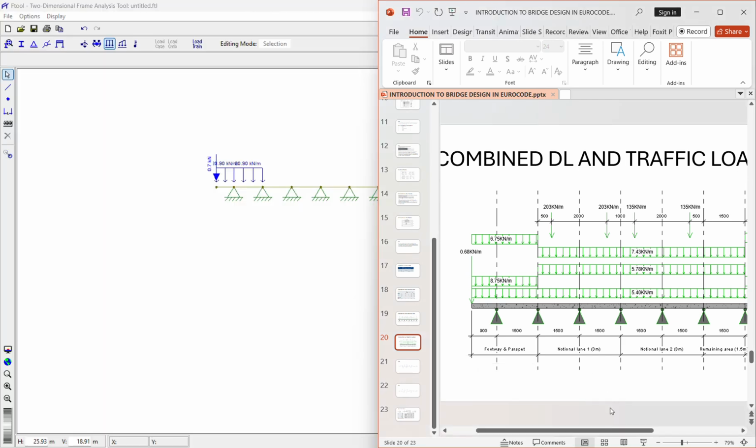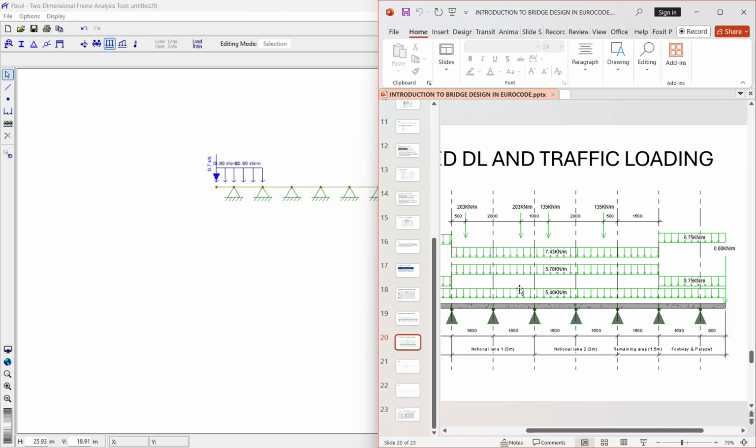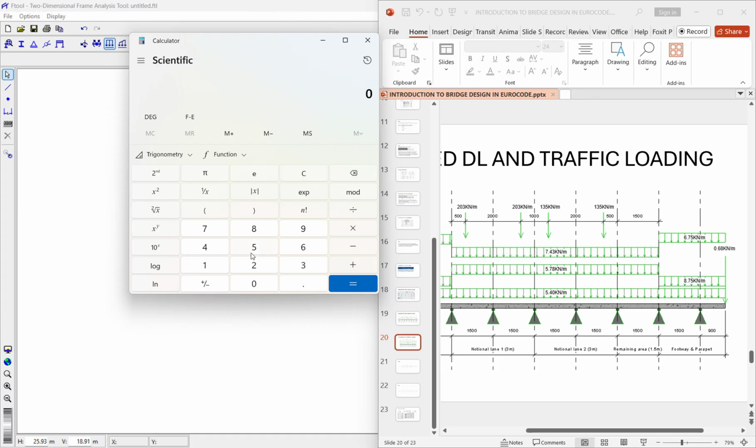Then let's come to the center uniform loading. It's going to be 5.4 plus 5.78 plus 7.43, 18.61.